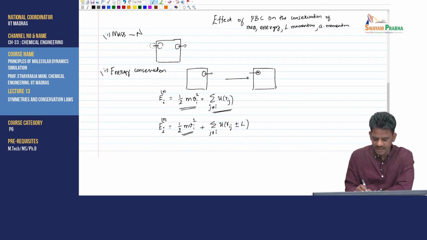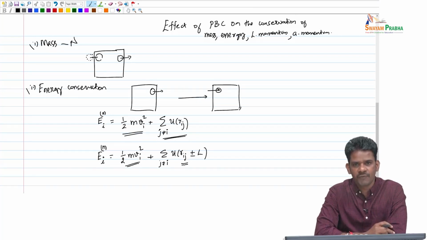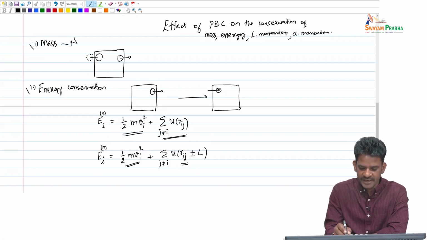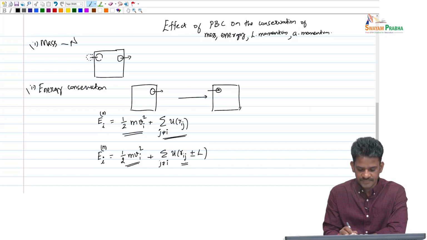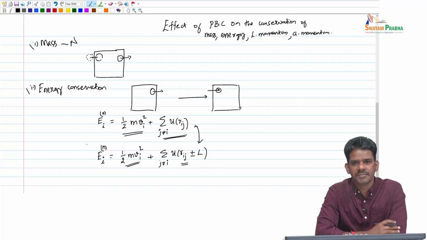And it can be either plus or minus, because it may go to either side of the box. Now, if you remember, when we find the minimum distance between a pair of particles, we apply this minimum image convention, so that by doing this translation, you still have the r_ij unchanged. Because of this, you see that this potential energy function, before and after you put the particle back, also remains the same.